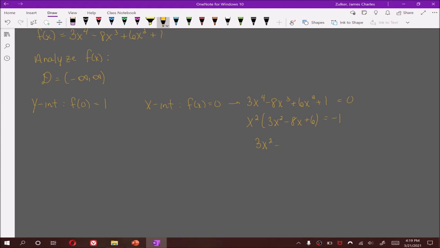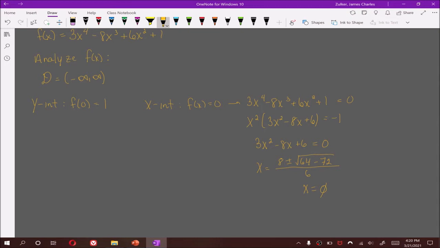If we set it equal to 0 and solve, using quadratic, we'd have 8 plus or minus the square root of 64 minus 4 times 3 times 6, which is negative 72, all over 6. We can't have a negative under the square root, so there is no solution.